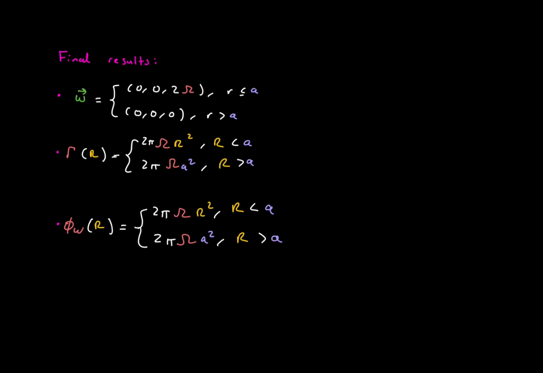The key physical insight is that the vorticity is confined to the vortex core. Outside the core, the flow still circulates, but the local vorticity is 0. Once the contour encloses the entire core, increasing the radius does not increase the circulation anymore.